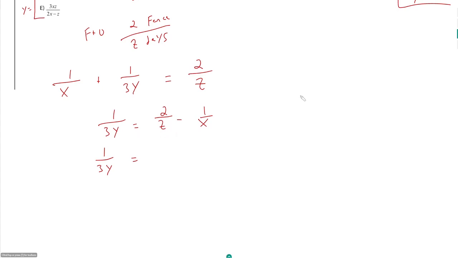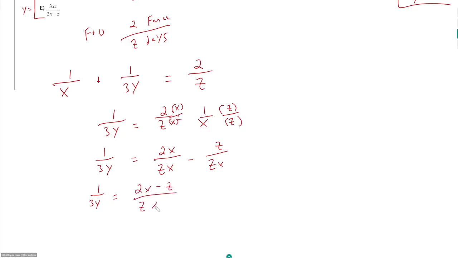You don't really have a least common multiple when you have variables, so your only choice in order to get a common denominator is to multiply the two. So our common denominator here would be Z times X, meaning I have to multiply this one by X/X, and this one by Z/Z. And so I get 2X over ZX minus Z over ZX, which leaves me with 1/3Y equal to 2X minus Z all over ZX.